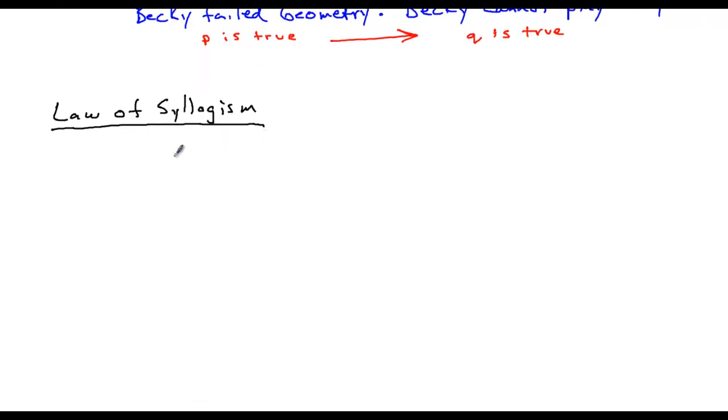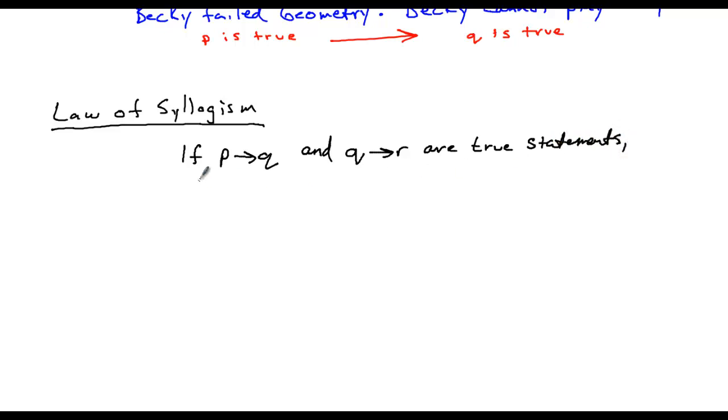And it says if P implies Q and Q implies R are true statements, then P implies R is also a true statement.